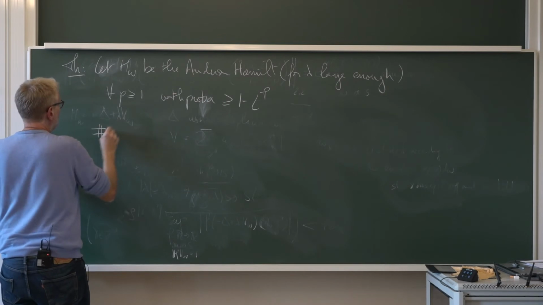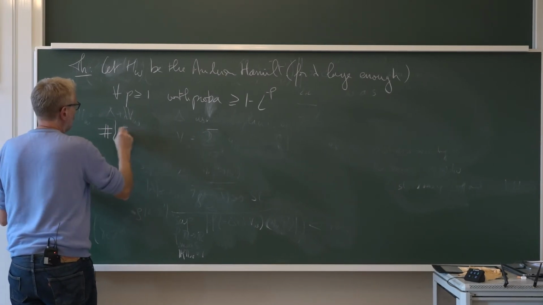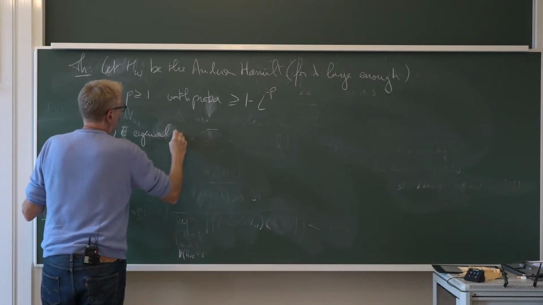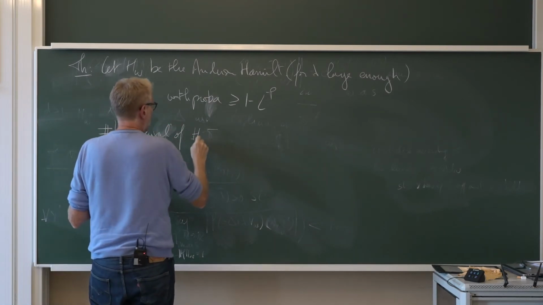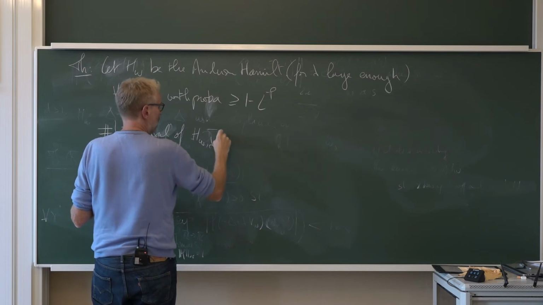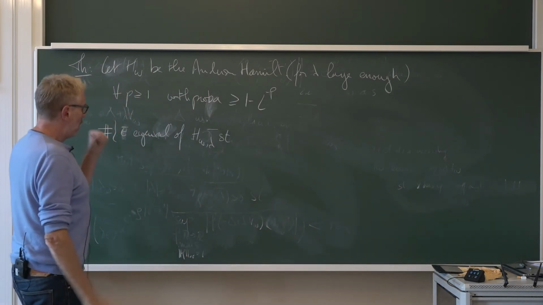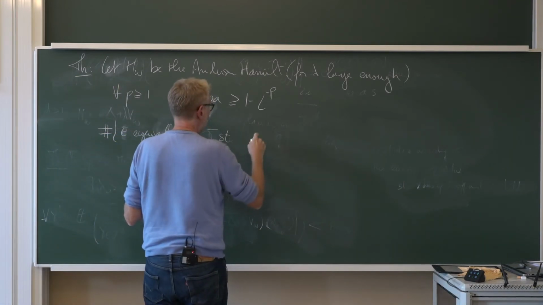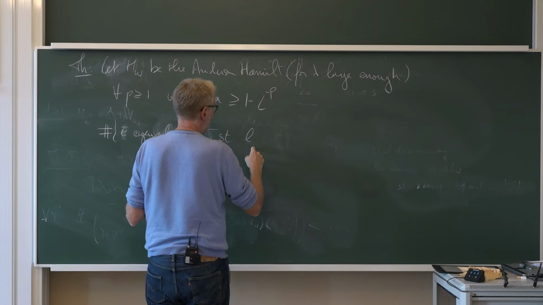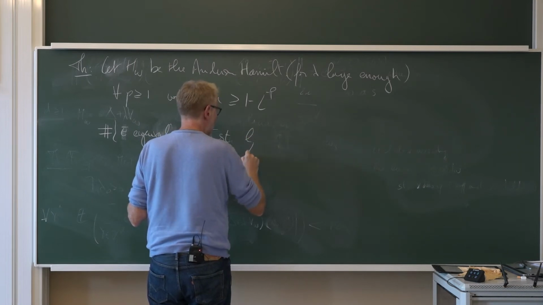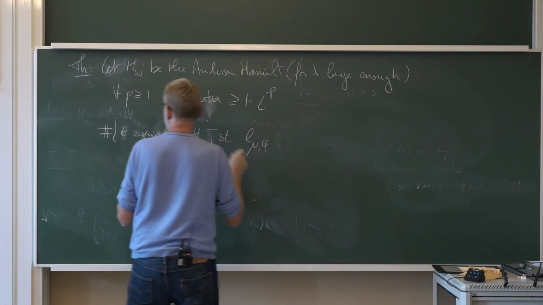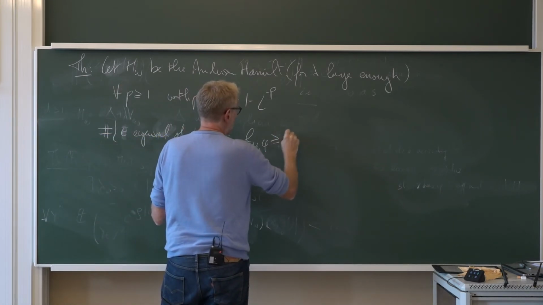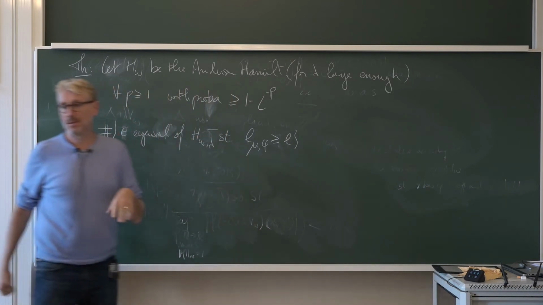If you count the number of eigenvalues E of H omega lambda, such that the localization length L mu of phi, where phi is the associated eigenvector, of course, is larger than L, right?